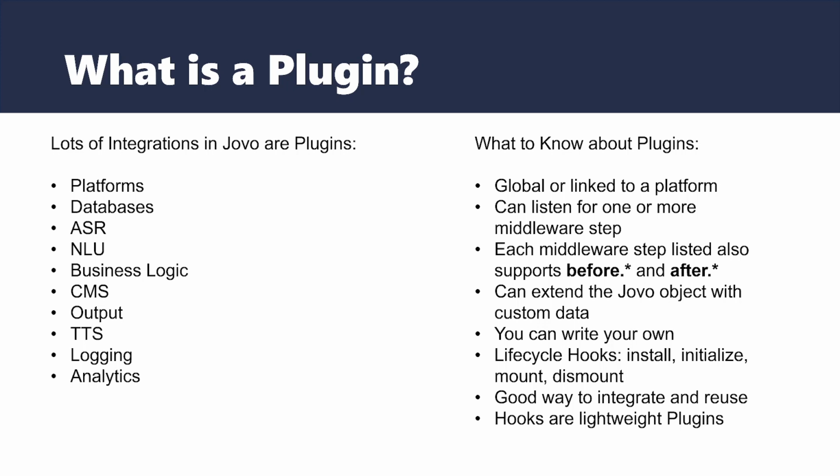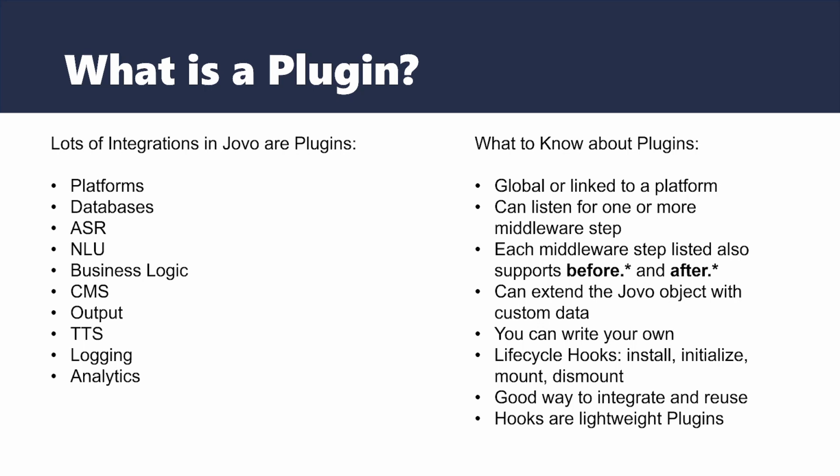So what are some things that you need to know about plugins? Every Jovo application has to have at least one plugin, and that plugin has to be a platform, because otherwise you don't know what type of application you're building or what client you're communicating with. So you need to have at least one platform plugin enabled, but you can have multiple.